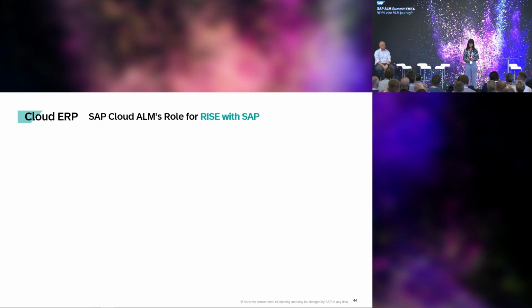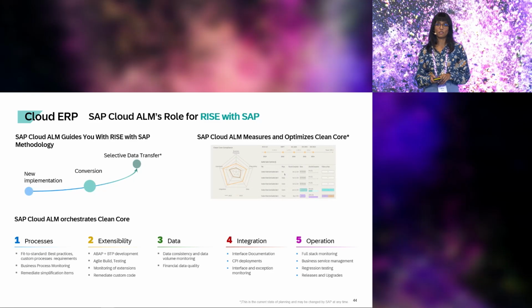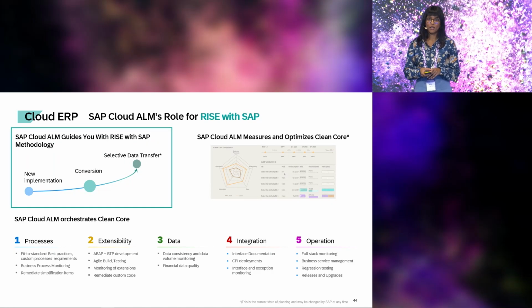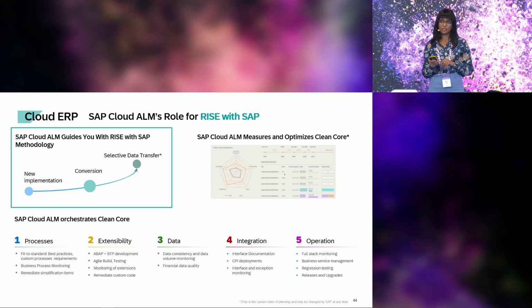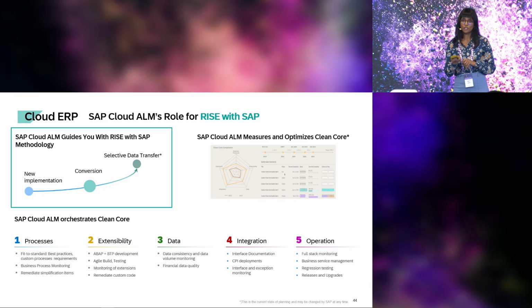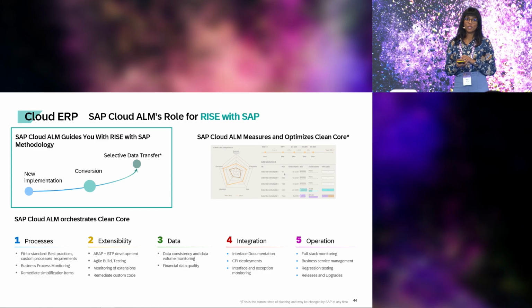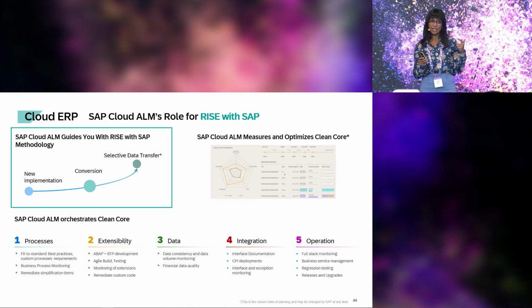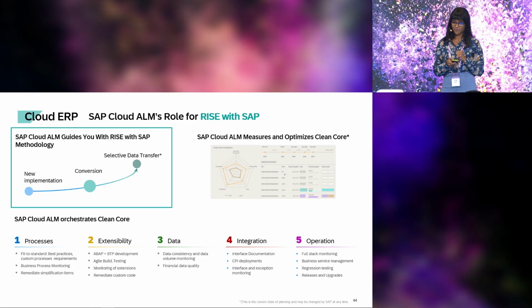Thank you very much, Chris, for a great introduction about the RISE with SAP methodology and the significance of clean core. We just heard how the RISE with SAP methodology provides us a structured framework to support our customers' move to Cloud ERP. It provides us guidance and guardrails in the form of content, expertise, toolchain support, and services.